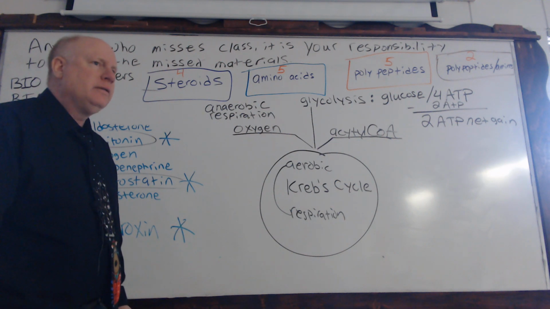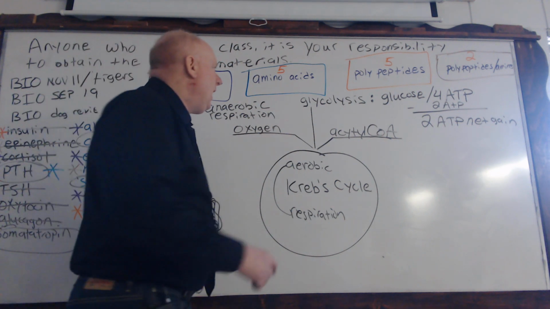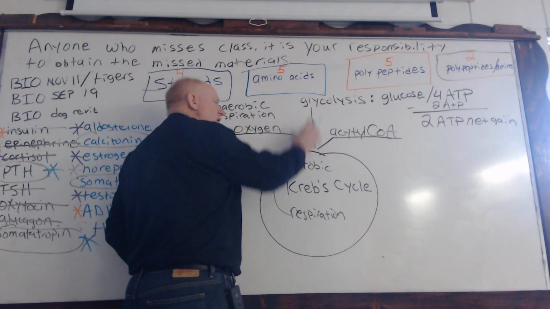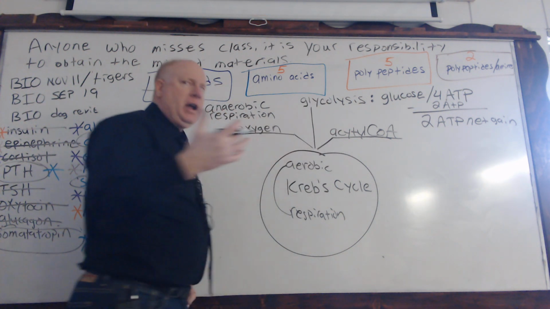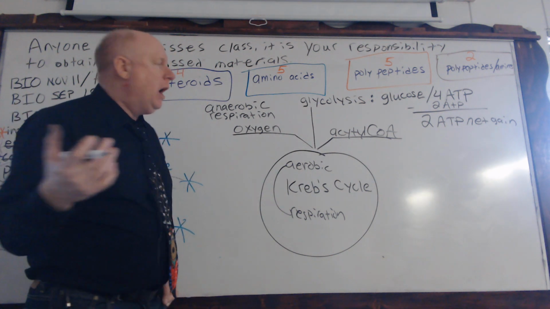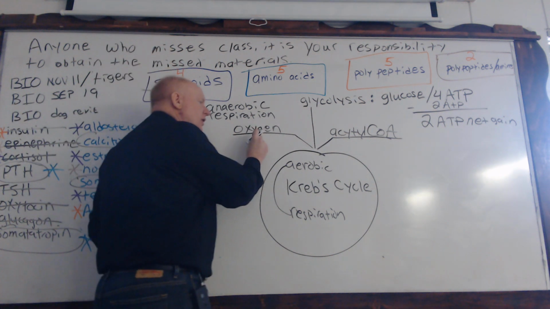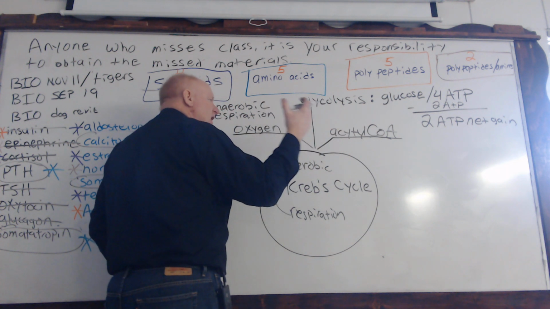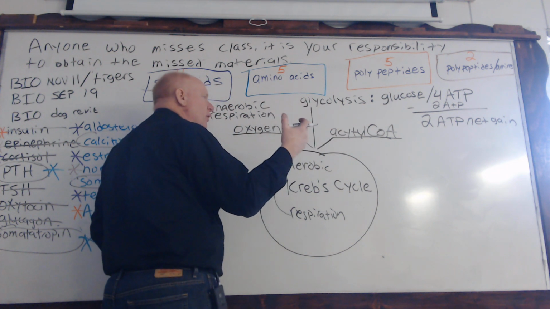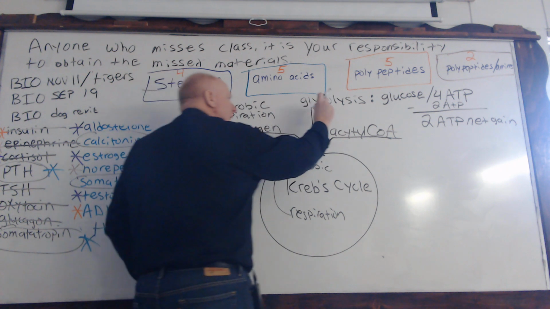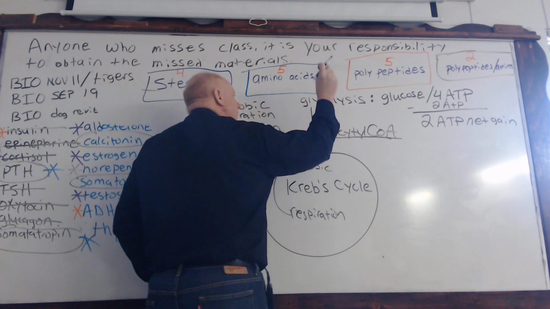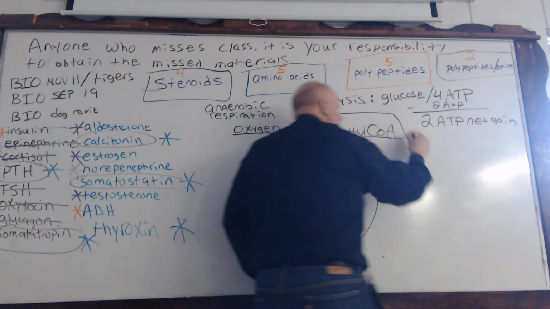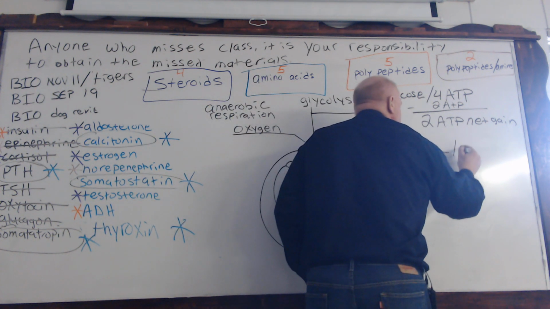Right, because what happens in a lot of biochemical reactions between these two, a lot of things have to happen just right. Okay, one, you have to have enough oxygen. Two, you have to have this enzyme. But what happens is you can continually produce energy because at the end of glycolysis, this is what's produced.